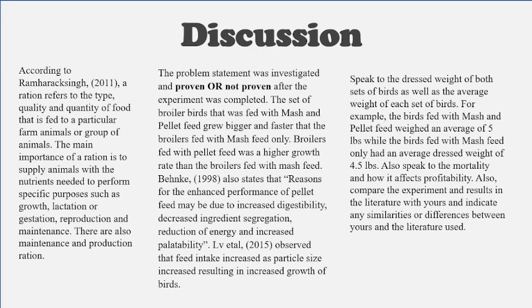Also, in your discussion, compare your experiment with the results or experiments in the literature, and also indicate if there are any similarities or differences between your investigation and those in the literature. These are just a few things that can be in your discussion.